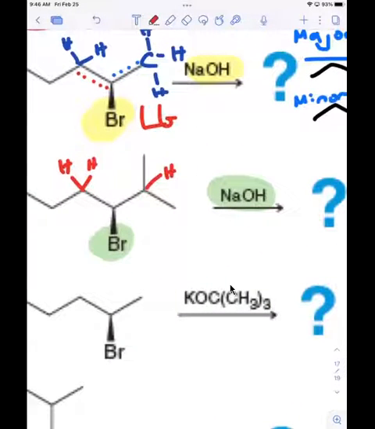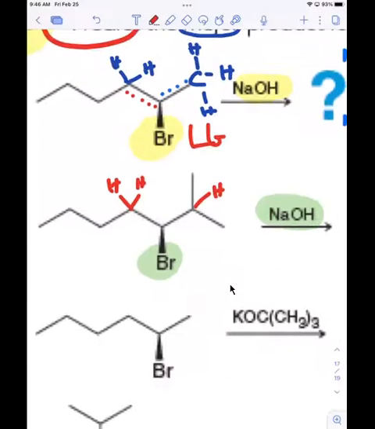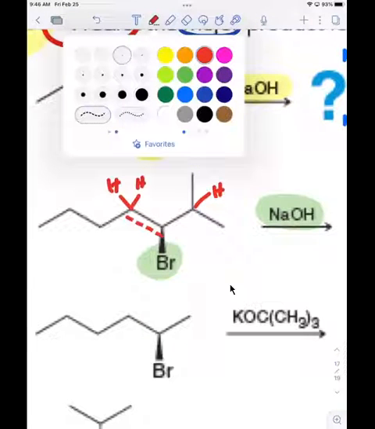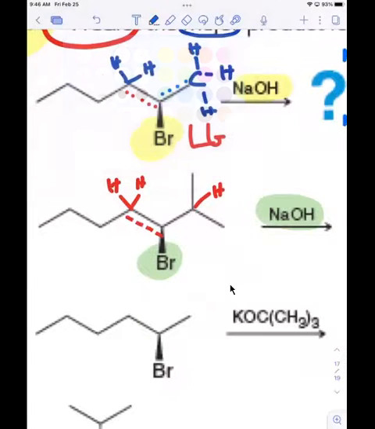Would it be between the third and fourth carbon? So it's going to be wherever the alpha protons are, right? So those two carbons here, that's going to be one site where the elimination takes place. And then the other site is going to be on the other side where the other alpha carbon is.